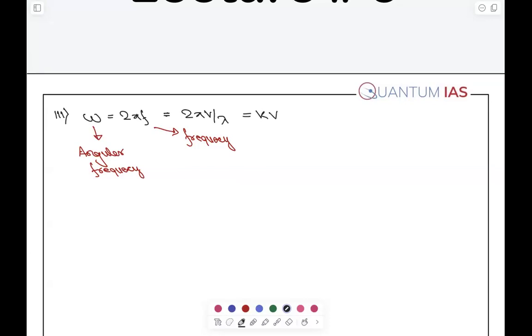So what will Vg be? Vg is d omega by dk. Put the value. Vg is equal to d omega by dk. We have to write in terms of d omega, so what we do basically, हम इसको उल्टा कर लेते हैं. 1 by Vg is equal to dk by d omega. बताओ करके जल्दी से.